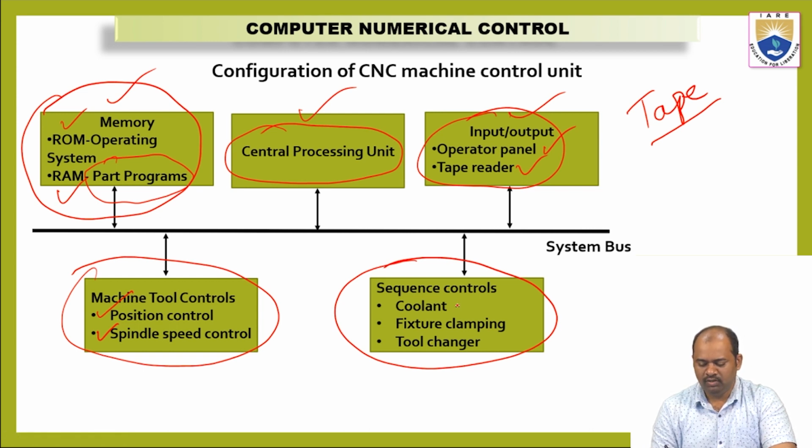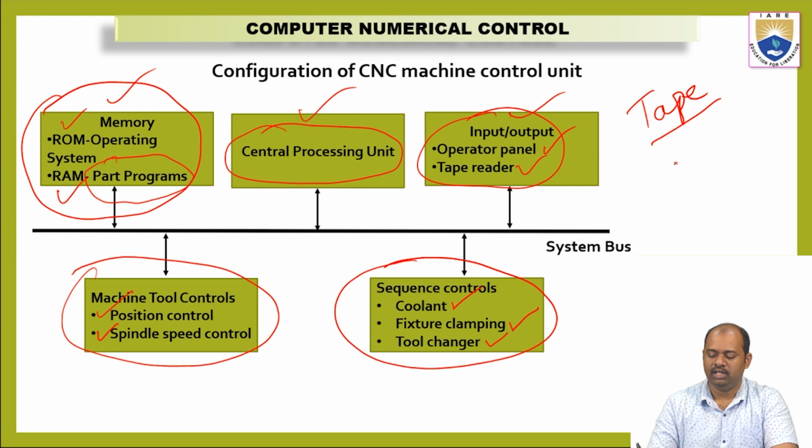So the sequence control controls the flow of the coolant, fixture clamping, that means how tightly we have to fix the object into the chuck, and then the tool changer. While some CNC machines will have a single tool post where we can attach a single tool, most CNC machines will have multiple tools.